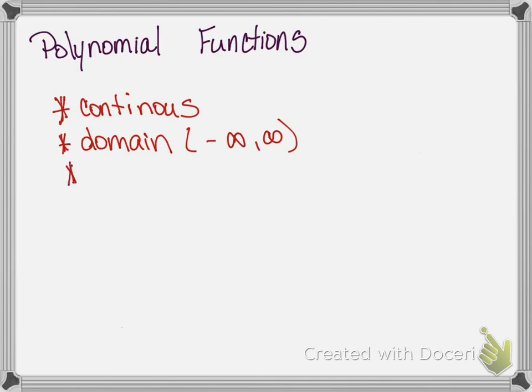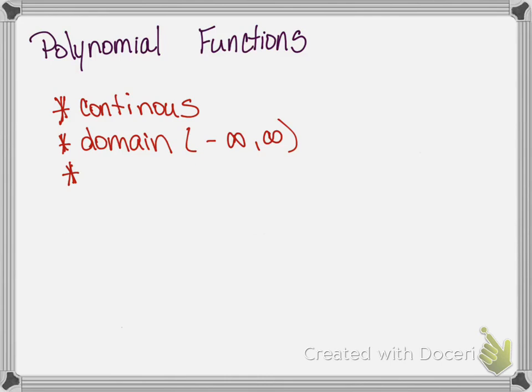Now, because the domain has to be all real numbers, what does that mean a variable cannot show up in? Think back to last chapter. We had to limit our domain in two situations.